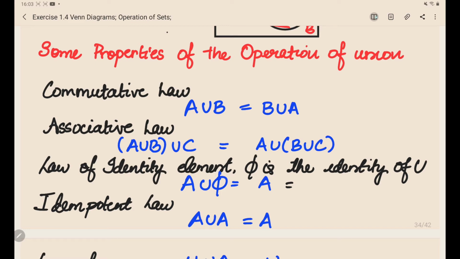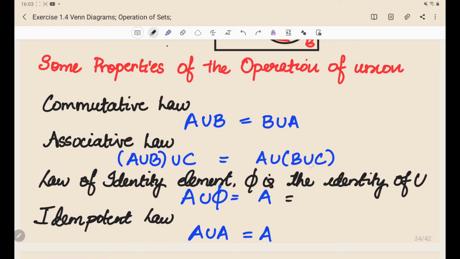A union B union C is the same as A union (B union C). We have done this in algebra too, right? If we multiply the first two numbers and then multiply with the third number, it is the same as multiplying the first number with the product of the second and the third number. So this is the same as what we have performed for addition and multiplication in algebra.